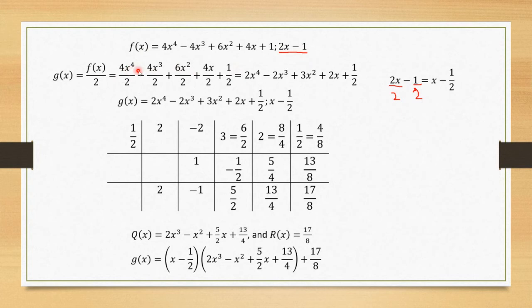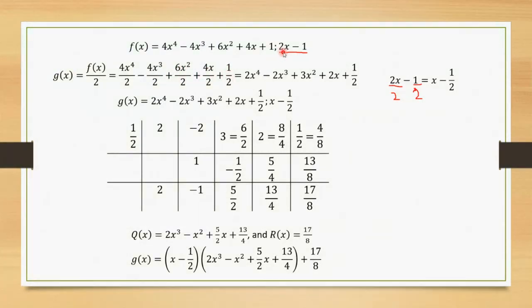Okay. And when we do that, we also divide by the divisor by 2. That's what I'm doing as well. So for f, we have f of x over 2. I'm calling that g of x just for fun, I guess. We get 4x to the 4th over 2 minus 4x cubed over 2 plus 6x squared over 2, minus 4x over 2 plus 1 over 2.